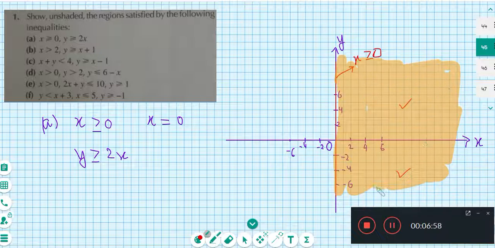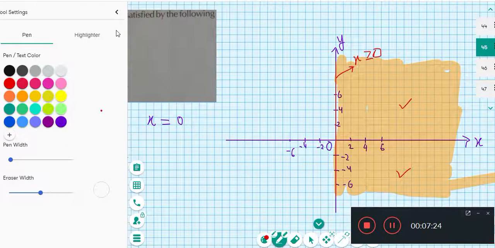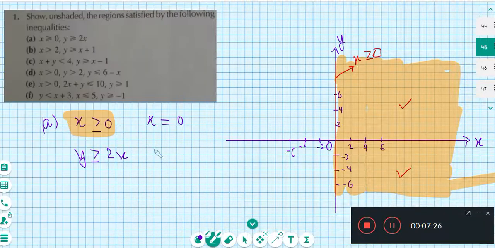Alright, so how to plot the next inequality? This inequality is shaded by the orange color. Now y is greater than or equal to 2x. I'm writing it as an equation, y equal to 2x. We know that this is a line equation. How to plot it?